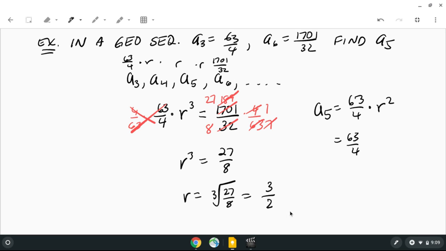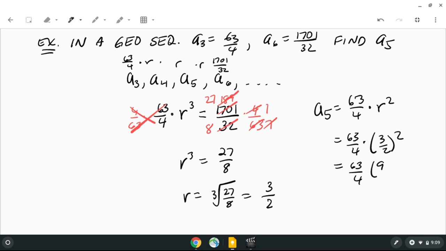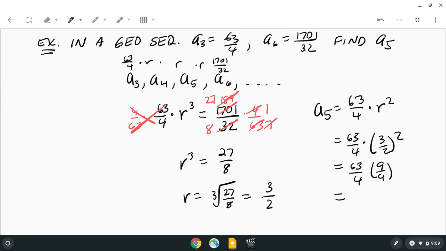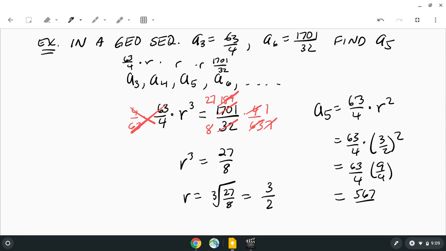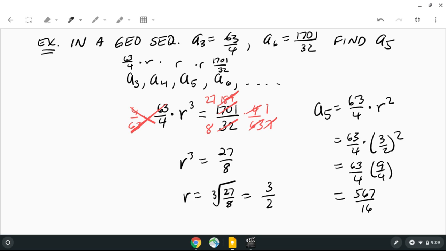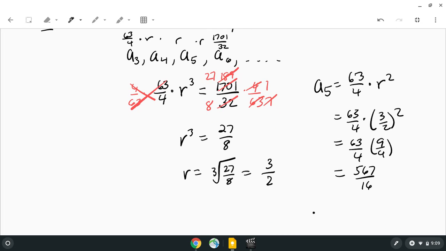So times 3 halves squared: 63 over 4 times 9 over 4, and that comes out to be 567 over 16. This is just one way to do it. There's the other way of using systems of equations, but I feel like this makes more sense, and it's a little quicker.